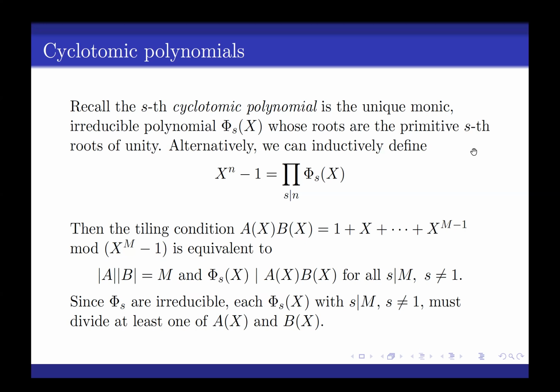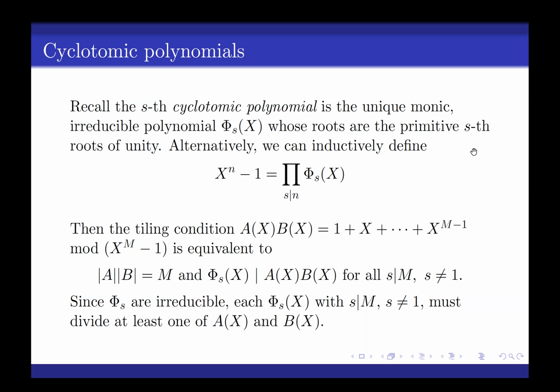Prime power cyclotomics means that S is a prime power which divides capital M, and all the rest are cyclotomics phi S, where S is a product of two or more distinct prime powers which divide capital M. The latter are going to be referred to as mixed cyclotomics. So we're going to have prime power cyclotomics and mixed cyclotomics.